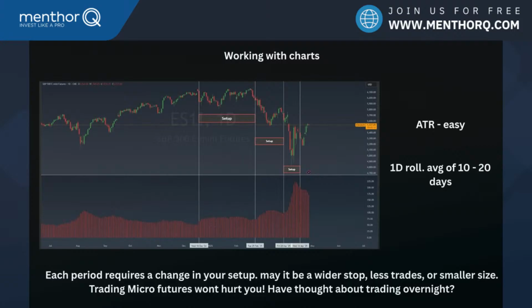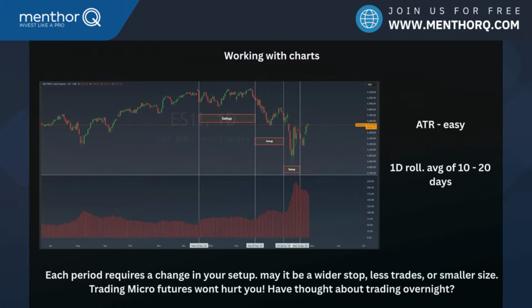All this stuff affects, of course, the average true range, right? So this is a very simple way to put this in the chart, and you can see just by roughly eyeballing, okay, I might have changed my setup.